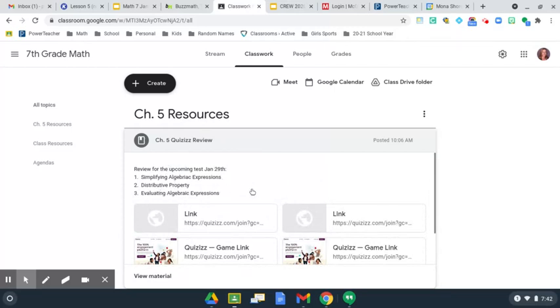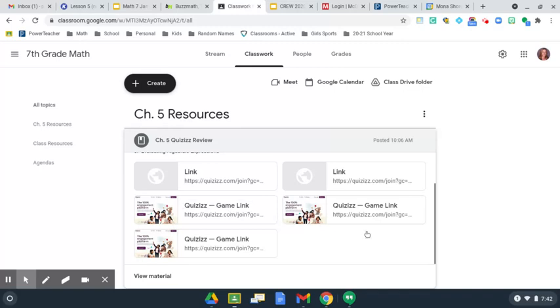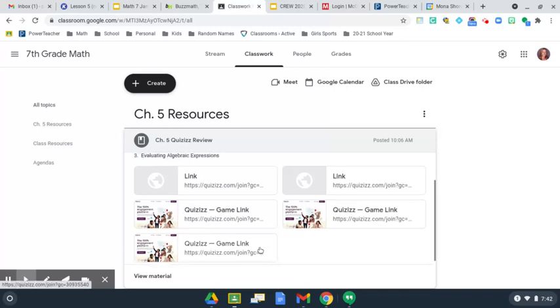Since we are doing Lesson 5 on combining like terms or simplifying algebraic expressions, I would do these first 2 here. Not sure why the pictures aren't coming up on the links, but I tested the links out. They're just fine. You're going to come here and work on these. And then if you still have time, you could come down and here's distributive property and then also evaluating algebraic expressions.